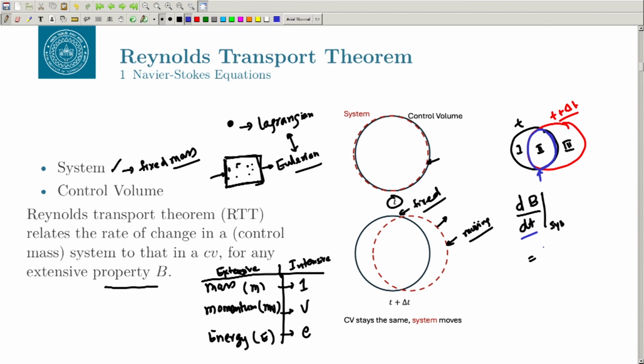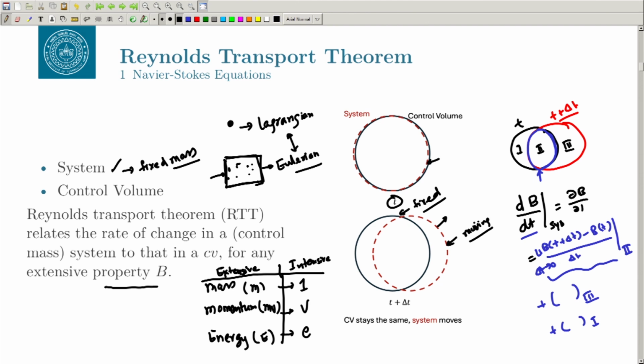So, if you do this, you will find one expression which will be only for region 2, which is B at t plus delta t minus B at t, divided by delta t, in the limit delta t tends to 0. This will be for only the region 2, but then you have also changes in 3 and changes in 1. So, this is your system, and this is for the control volume. This can be written as delta B by delta t.